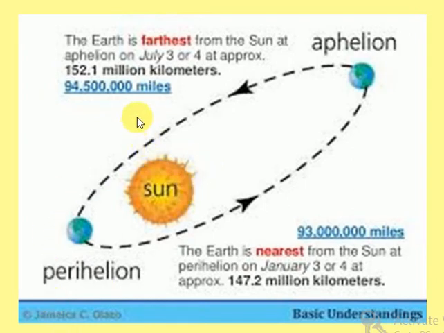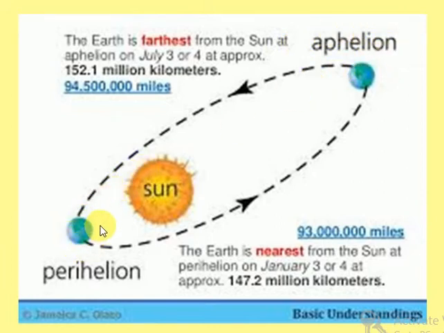Look at the figure. The earth is farthest from the sun at the aphelion. These two types of phases are aphelion and perihelion. So when it is farthest from the sun, it is known as aphelion.